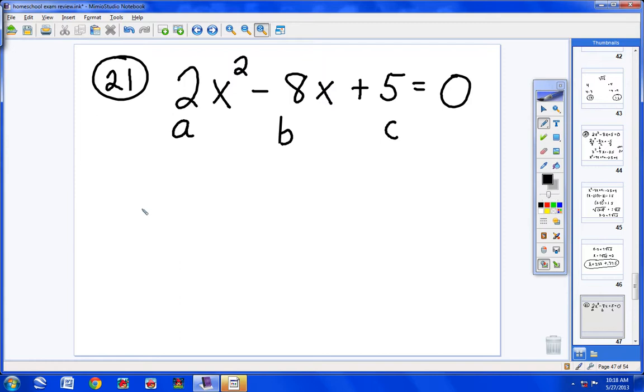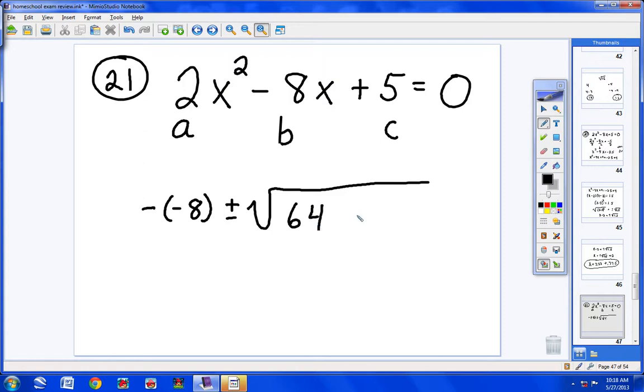So negative b, well, that would be negative 8, plus minus the square root of b squared. That's 64, minus 4ac. Well, that would be minus 40.